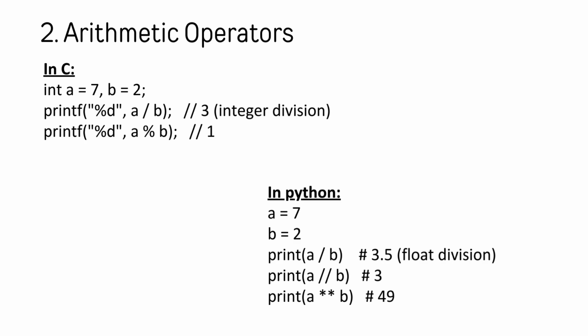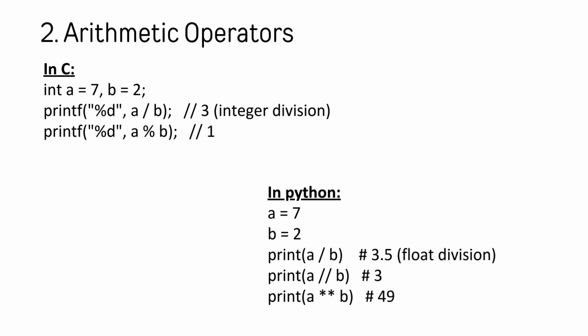So 7 divided by 2 gives 3, not 3.5, because C removes the decimal part. Next, when we use the modulo operator, 7 modulo 2 gives us 1, which is the remainder. So in C, a divided by b is equal to 3 and a modulo b is equal to 1, when a is equal to 7 and b is equal to 2.